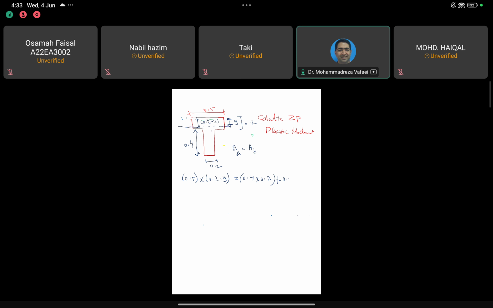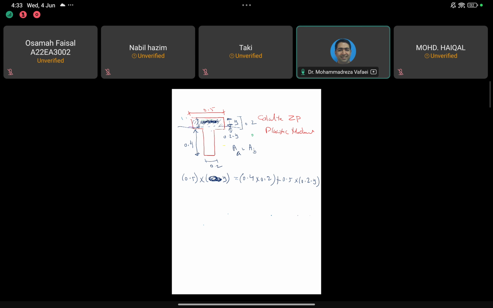Sorry, okay, I made a mistake. This is going to be y only, because we assume that from here to here. So 0.5 multiplied by y is the area above the line. And then we have 0.4 multiplied by 0.2, and then 0.5 multiplied by 0.2 minus y, the area below the line.